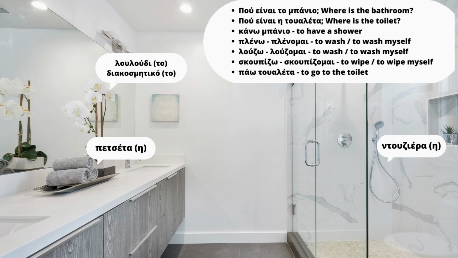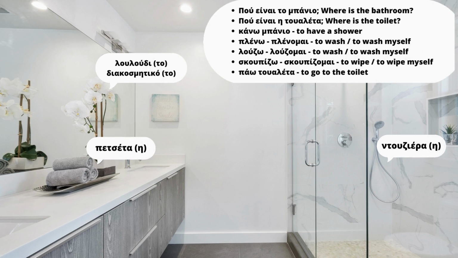For example, if you take a shower, including washing your hair, you use this one. For example, λούζω τα μαλλιά μου, which means to wash my hair. But if you don't wash your hair and just have a quick shower, you will use the verb πλένω.